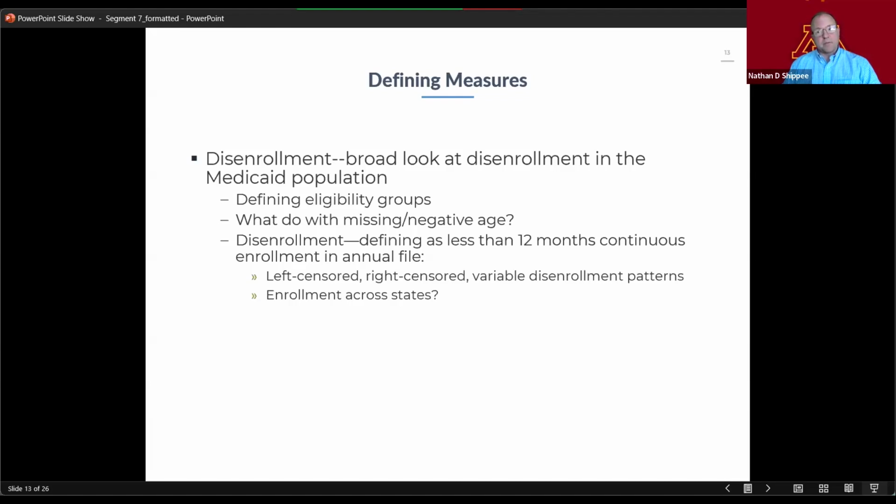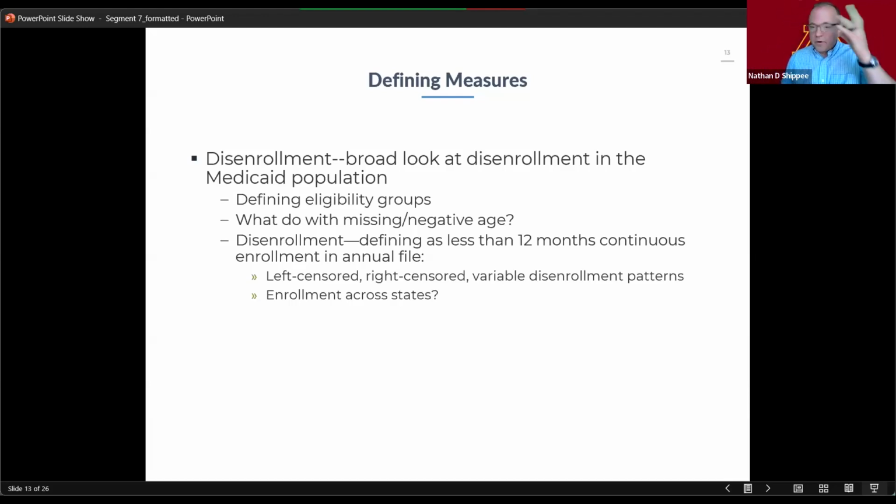A pretty sizable percentage of it comes from people who are either newly enrolled or who leave before the end of the year. Not necessarily this kind of frequent churning pattern that you might expect. But we did leave it as the criterion that it has to be 12 full months. That means all the months of the year. Again, that was okay for our analysis. You may want to do things differently if this is important for you in some other way.